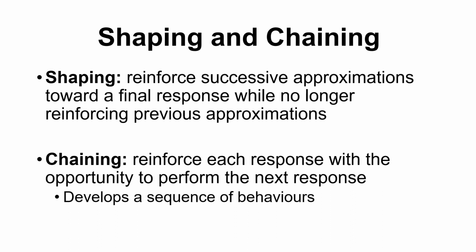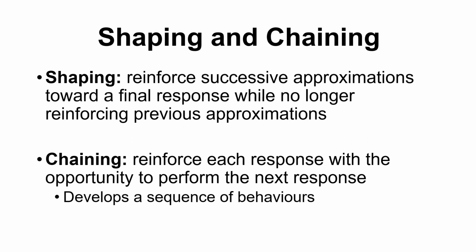So no longer just approaching it, they have to physically touch it. And then once they're doing that reliably, we would only give them food if they actually push the lever, and none of those earlier approximations would get reinforced. So through this, we use the reinforcement of successive approximations towards our final response of lever pushing, and we specifically no longer reinforce previous approximations.